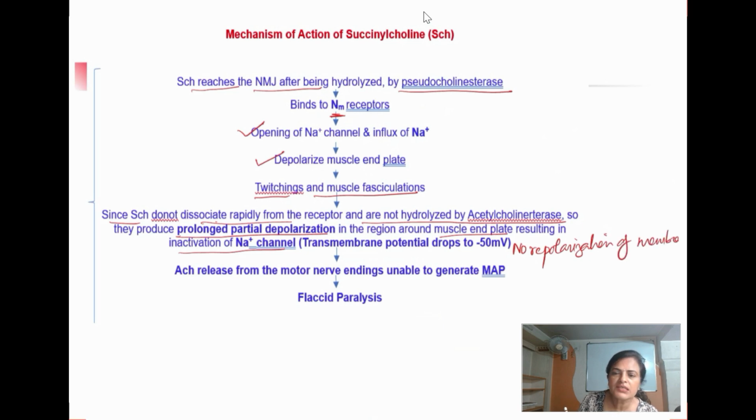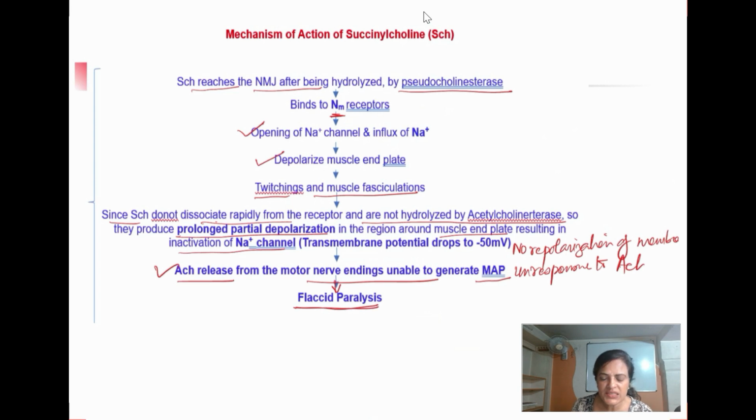So the membrane is unresponsive to this acetylcholine release, and it is not able to generate the muscle action potential. So ultimately it leads to flaccid paralysis.